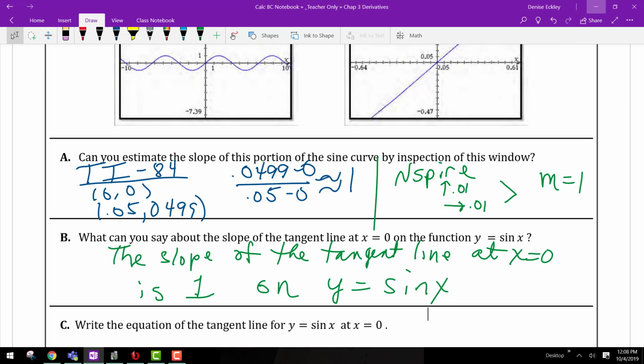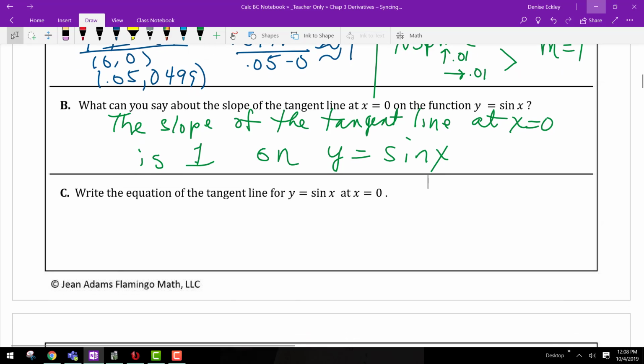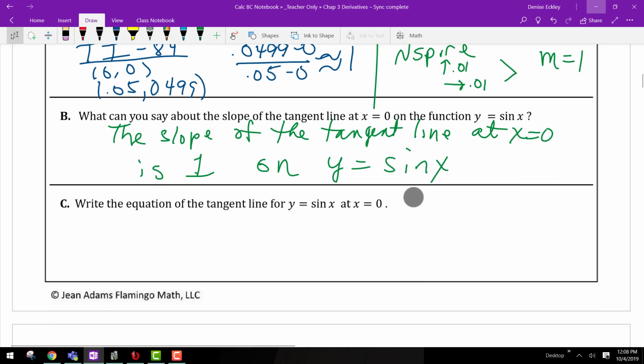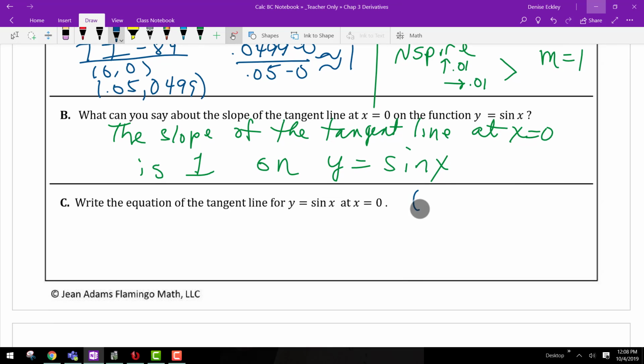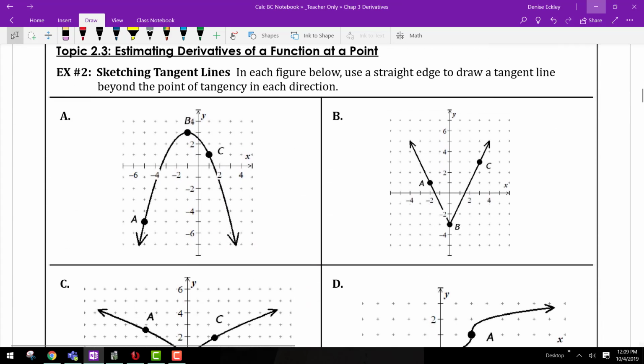Now we want to write an equation for the tangent line. Our point is 0, 0, and our slope is 1, so our line is just y equals x, which is exactly what it looked like on the screen. It just looked like a line going through the origin.